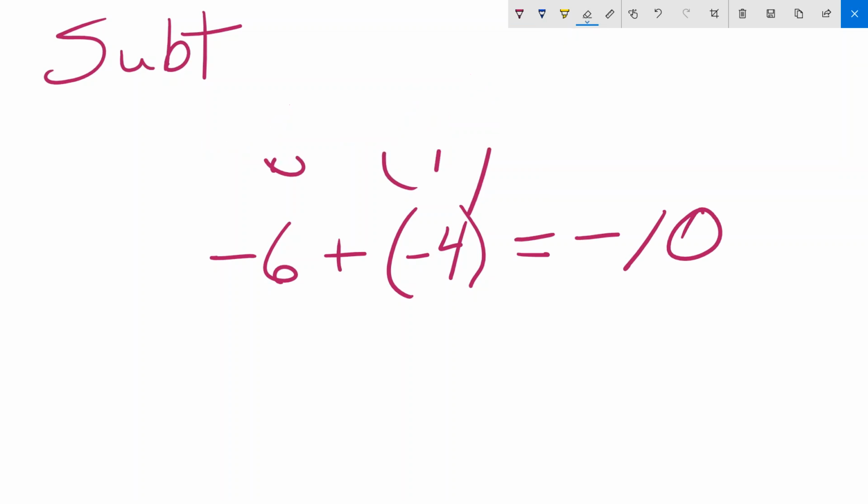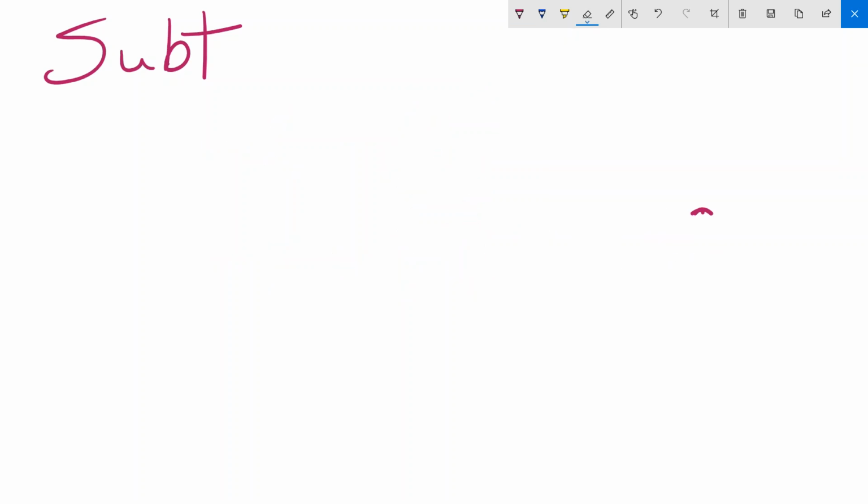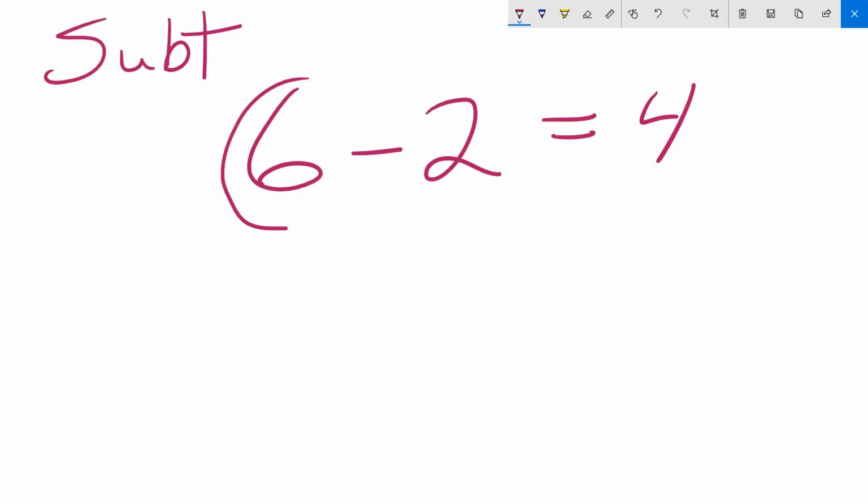Let's try some more. More subtraction problems that you're going to do every single time by turning it into an addition problem. Except these. 6 minus 2 is 4. In other words, that's a positive number subtracting another positive number. I want you to do those as subtraction problems.